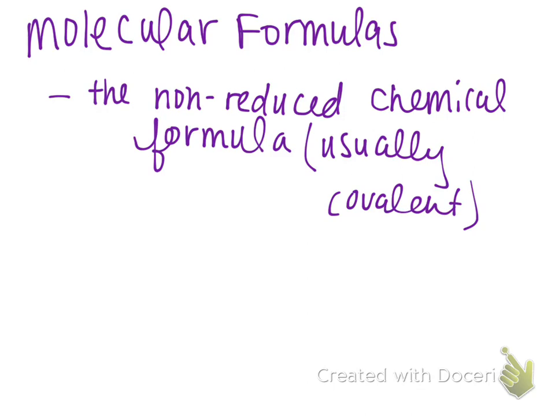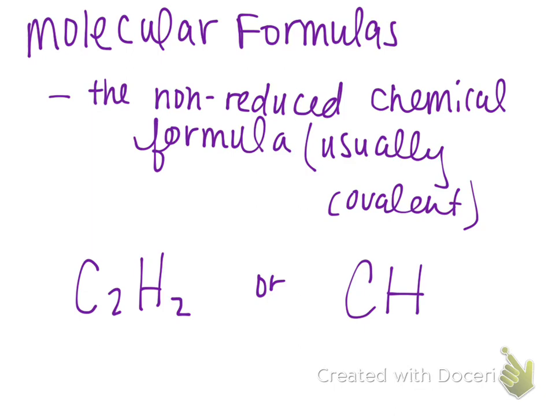Okay, so if we had an example that looked like this, which one is the empirical and which one is the molecular formula? This is the molecular formula, and this would be the empirical formula, right?